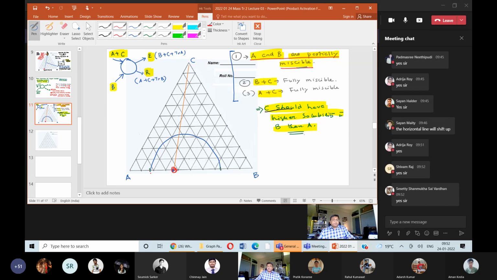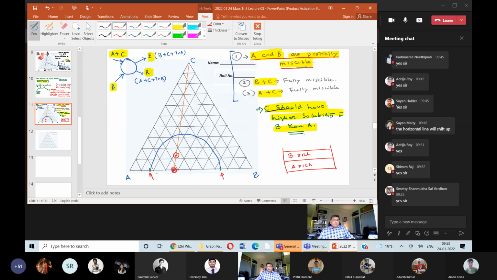The compositions are here and here. Now you are adding C, so you are somewhere over here. You are still way deep in the immiscibility envelope, so still you are going to have a B-rich phase and an A-rich phase.